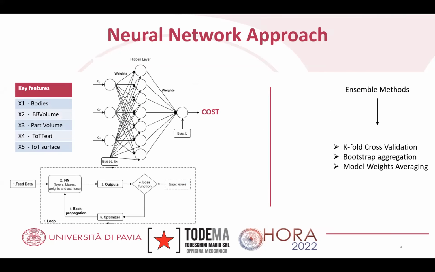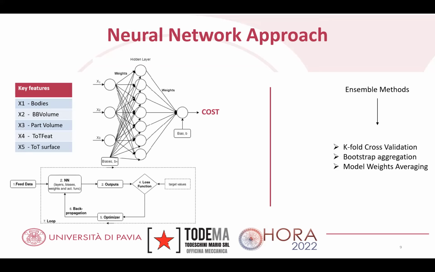So after we granted the data set, we performed a correlation study in order to better understand the nature of the data. We needed to set up the neural network. Here we can see an example of the neural network with some of its main parameters. Instead, in the lower image, we summarize the backpropagation loop.